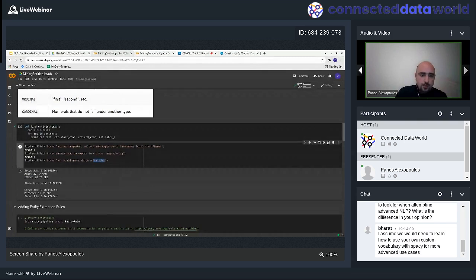So spaCy gives at least two additional ways to expand the coverage with respect to entities and to improve the accuracy of the extraction. The first way is by means of extraction rules, of explicit handmade expansion rules.